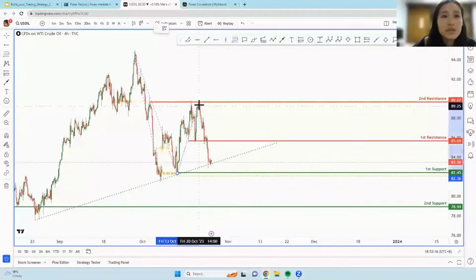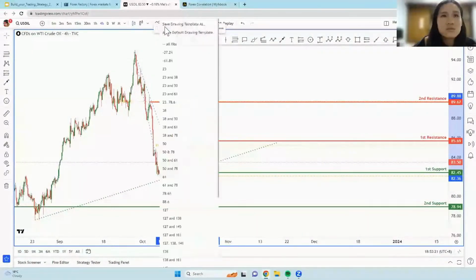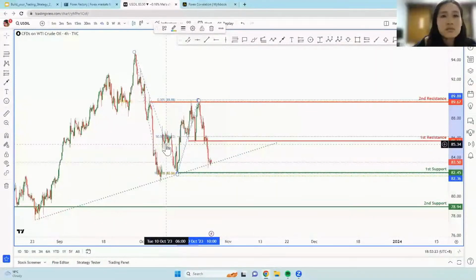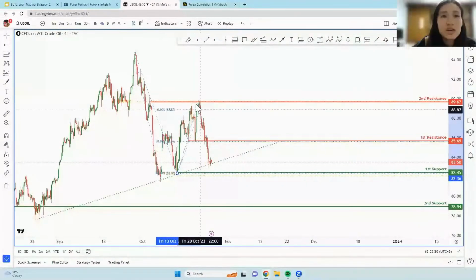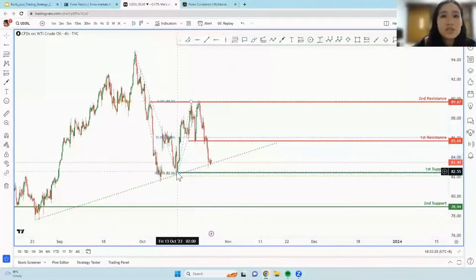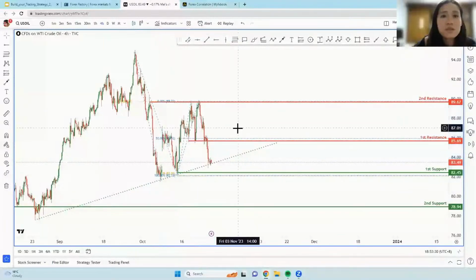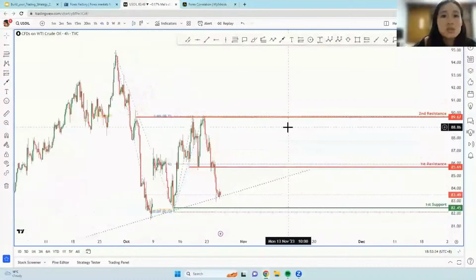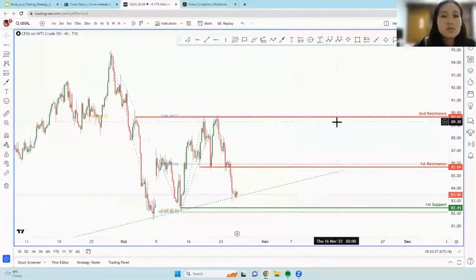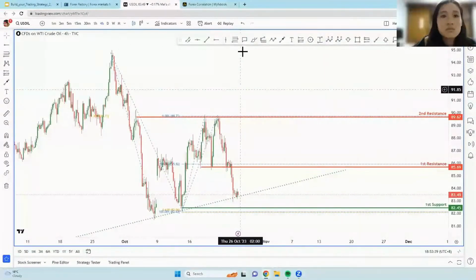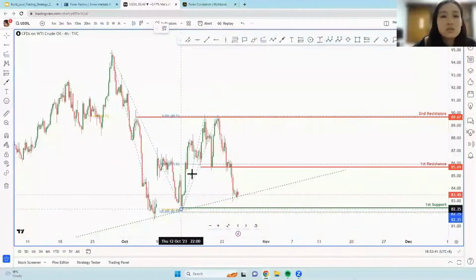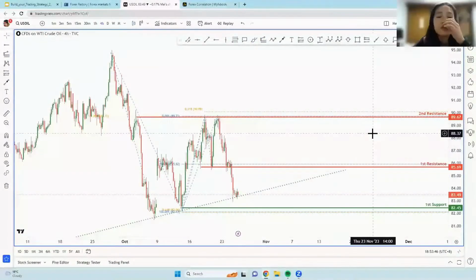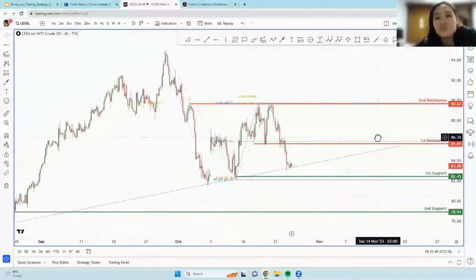Then I'm looking for another retracement, and I can see my 50% lines up with my first resistance. And here, my 61.8 also lines up with my second resistance.